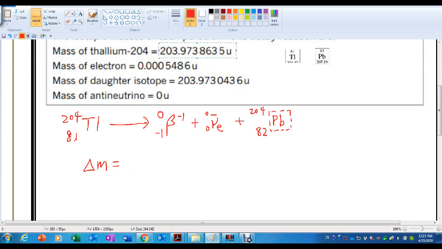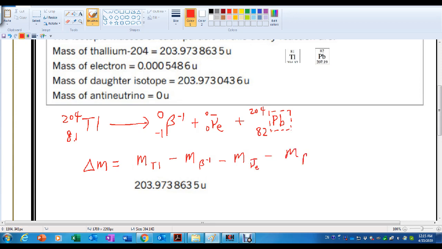The number is just too long, I don't want to write it. Anyway, I need to write the symbol first. I nearly forgot. Sorry about that. You need to get the mass of thallium, take away the mass of the electron, take away the mass of Pb.